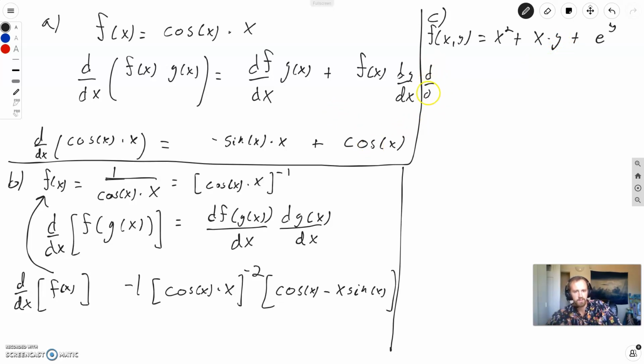So when I take the derivative with respect to x, in terms of this derivative, y is basically a constant. So I will get 2x plus, and for this term, y is a constant, a number, so I just have to take the derivative of x. So this will be plus y. And my last term is only a function of y. There are no x's in there, and the derivative of a constant is 0. So you get 2x plus y.